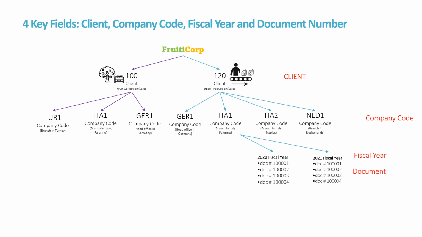The second one is company code, a distinct identifier allocated to each legal entity or company. Third one is the fiscal year, which stores the precise year in which the transaction was recorded. And last one is document number field, which is the unique identifier automatically assigned to each financial document or transaction in SAP.